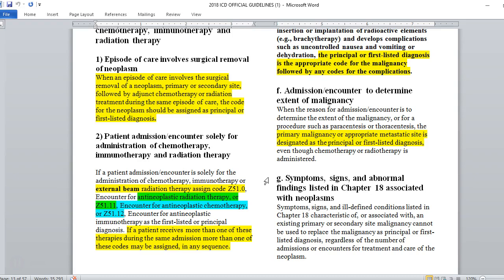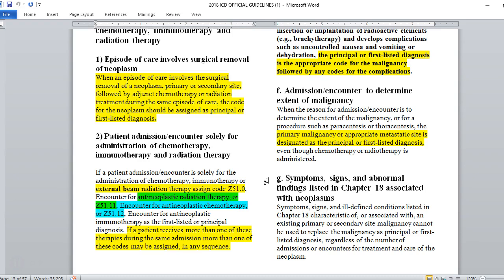And the reason is because the patient was going to have the surgery on the neoplasm. If after we remove the neoplasm, we are then going to have the patient do radiation or chemotherapy, that will be coded in addition. Because remember, the main reason for the surgery is the cancer.